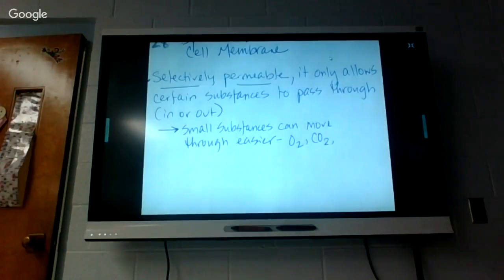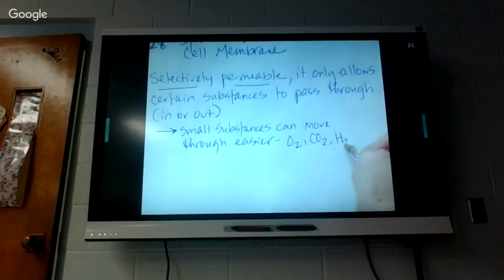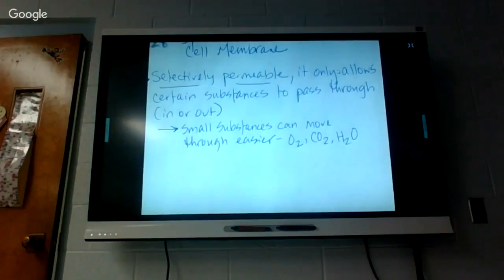Now, if somebody has an asthma attack, those airways are constricted, and it's harder for that air to get in, but also the CO2 to get out. So your red blood cells are trying to help you get rid of stuff and to carry the oxygen to your tissues, but if the airways are so small, it's hard. Or if you have pneumonia or some type of upper respiratory infection, it's just hard for that to happen. So water can pass through in small amounts. That's how the water you drink goes from your stomach into your bloodstream, and then it goes to your cells.